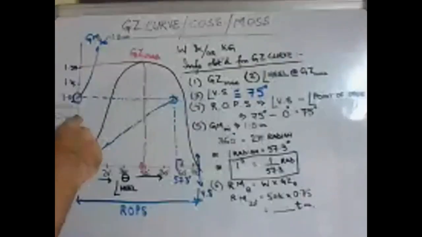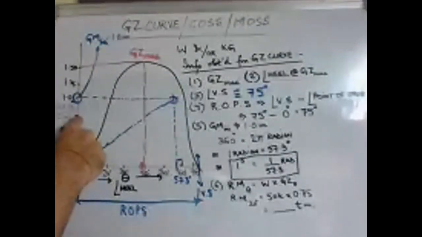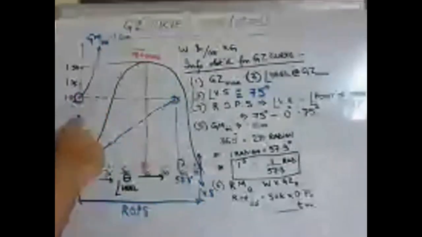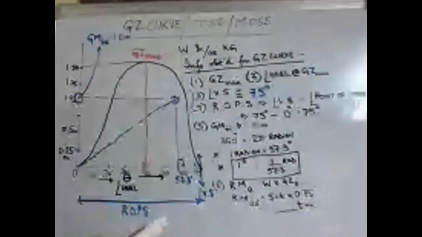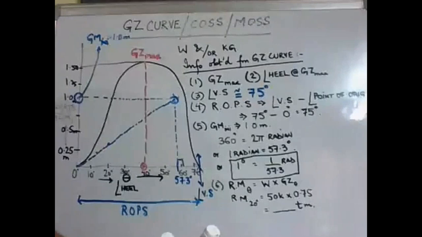Supposing it comes on the y-axis at a value of 0.75 meters, then the righting moment will be equal to 50,000 tons multiplied by 0.75 meter. Whatever is that product, so many ton meter, that will be the righting moment. Is that okay with everyone?